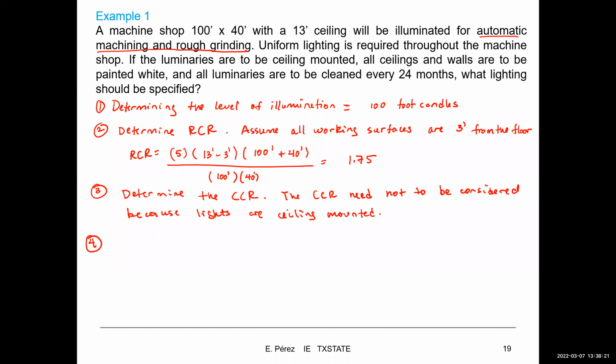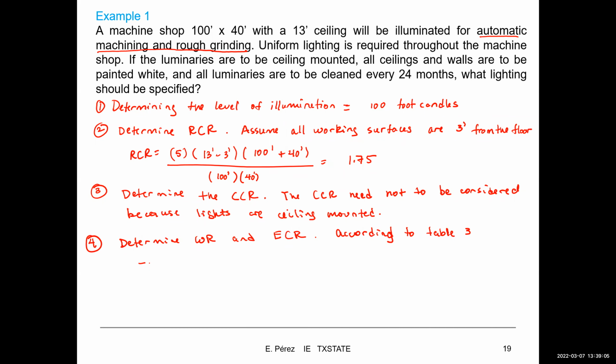Number 4, determine the wall reflection and the effective ceiling reflectance. So determine the wall reflection and the effective ceiling reflectance, according to table 3.